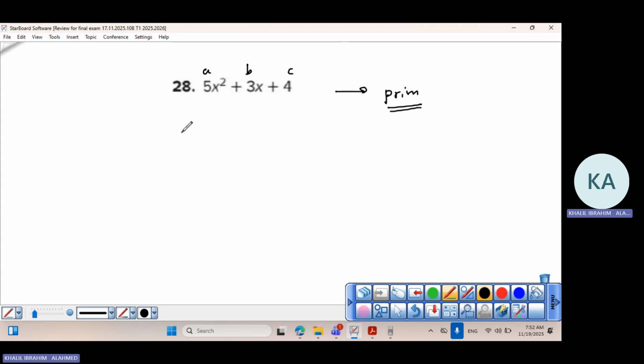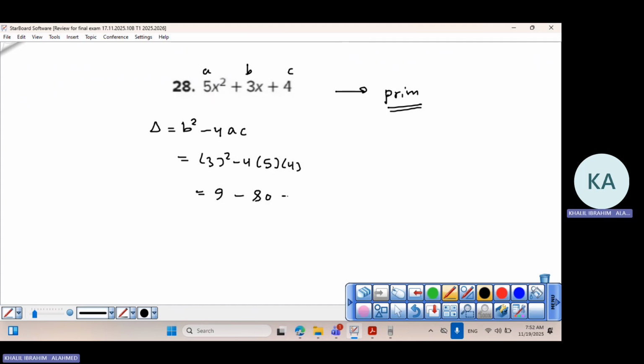Maybe some students write the discriminant equals b squared minus 4 times a times c. B here, 3 squared minus 4 times 5 times 4. The answer is 9 minus 4 times 5, 20, times 4, 80.